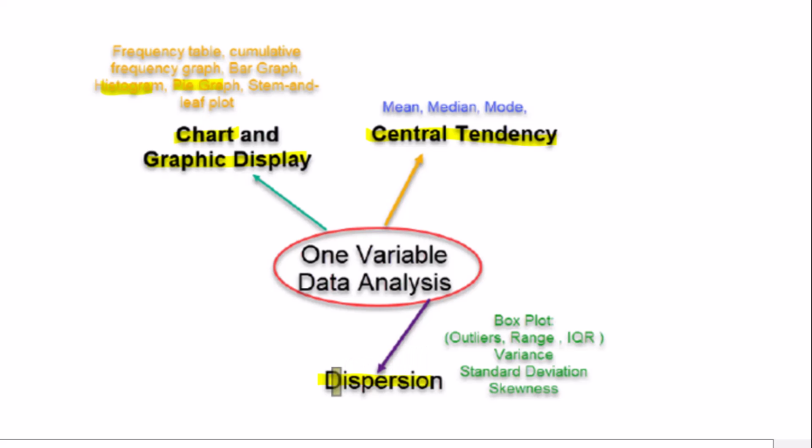There is another property of one variable data, which is called dispersion, such as box plot, variance, standard deviation, skewness, and so on.